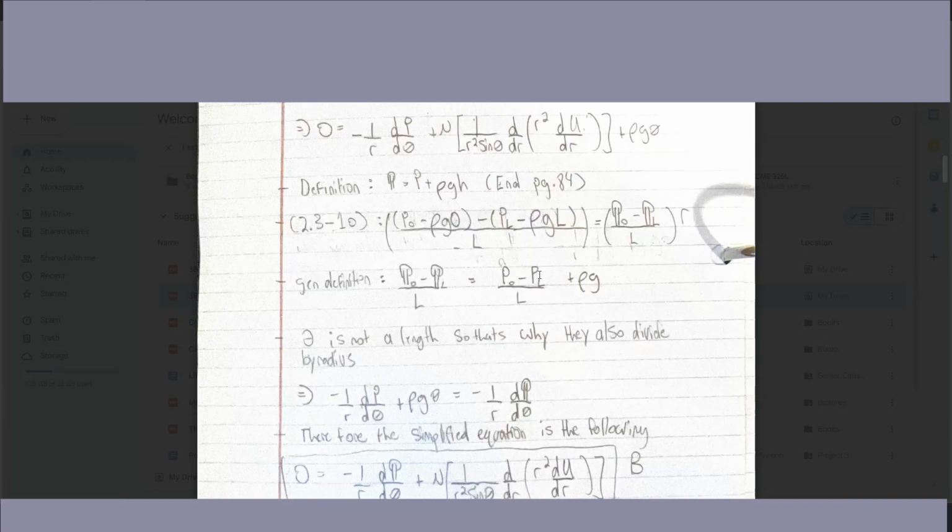So this is negative delta P, and that's because the derivative is the final value minus the initial value, and this is the initial value minus the final value. So negative delta P equals negative rho g h, and we're saying that L is the same as H. So basically modified pressure is those two quantities combined.